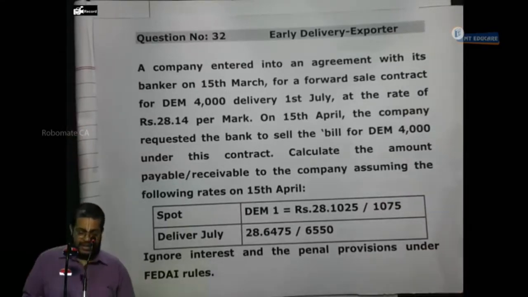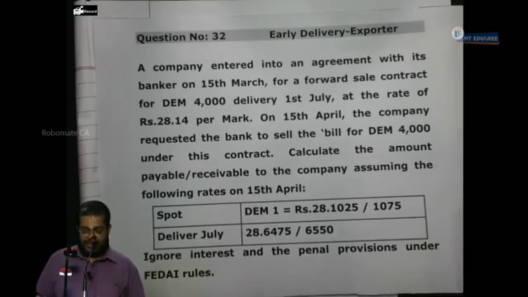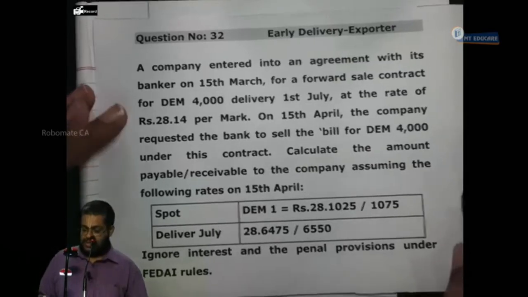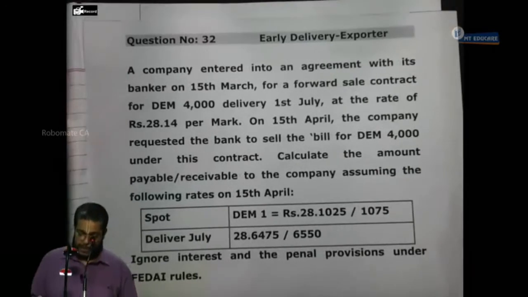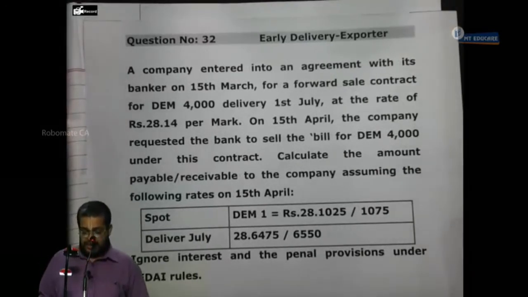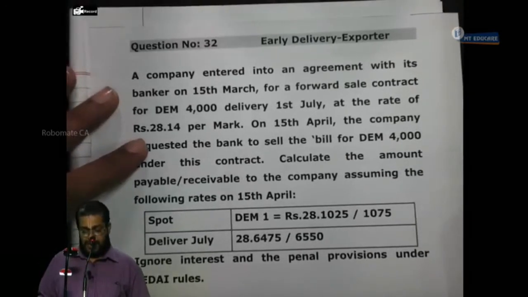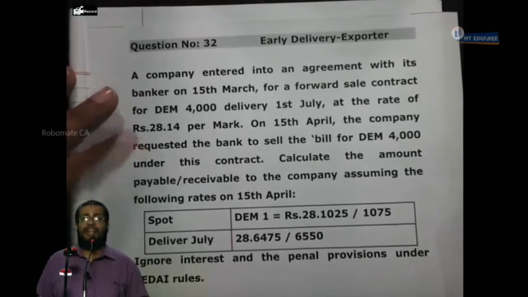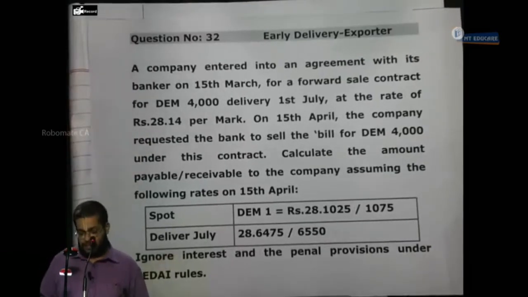A company entered into an agreement with its banker on 15th March for a forward sale contract for Deutsche Mark 4000, delivery 1st July at the rate of 28.14 per mark. Tell me, this rate is required or not required?